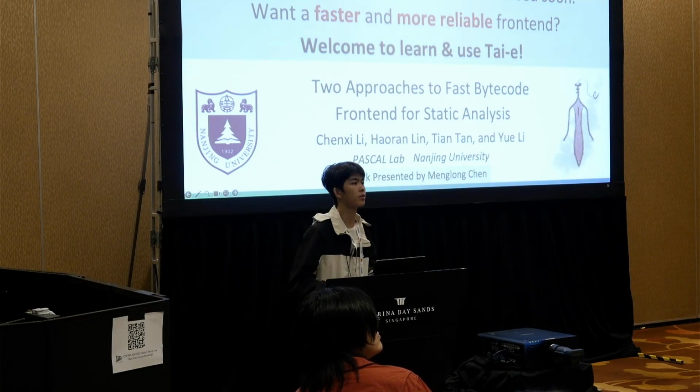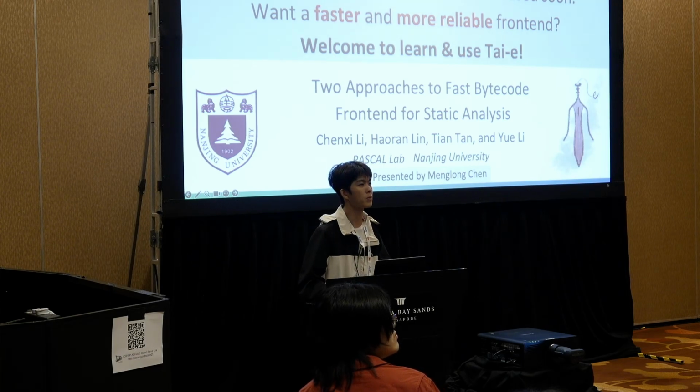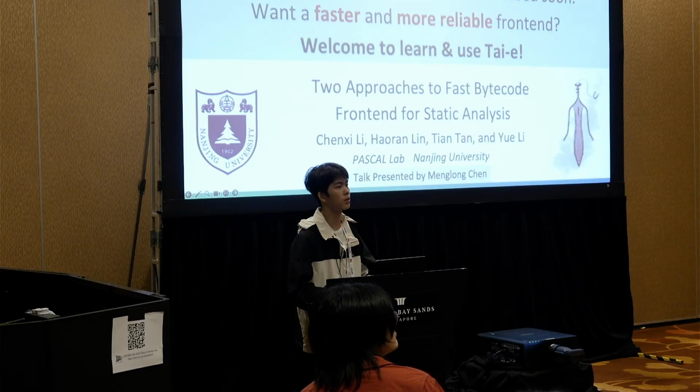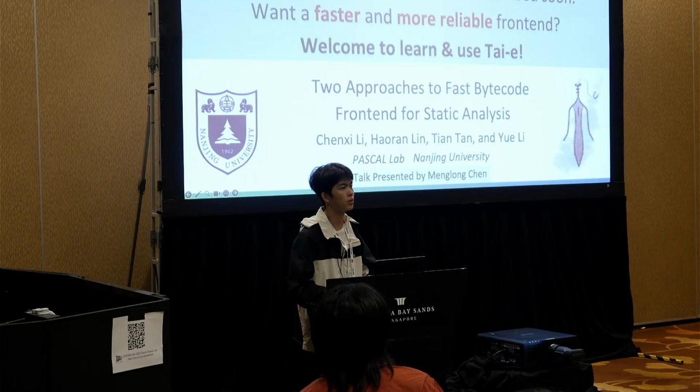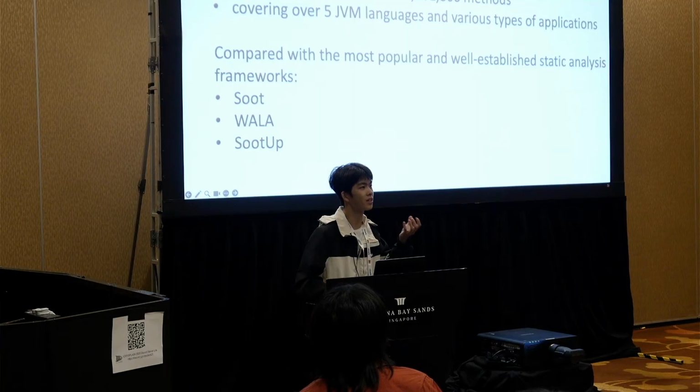Thanks for the talk. First, my question is: is your three-address code in SSA form? Yes. What is the difference between your algorithm and the memory-to-SSA algorithm? Do you know memory to SSA? Oh, I don't know what this means. Oh, I see.